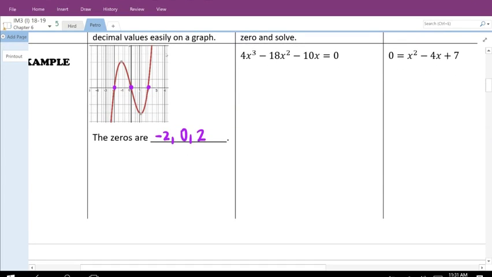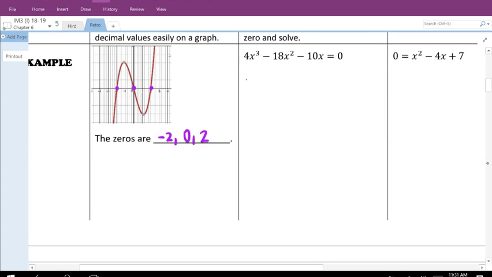So let's take a look at this very first one. What number goes into 4x cubed, 4x squared, and 10x? 2. So I know that my GCF is going to be 2 something. And then how many x's can I pull out? x cubed, x squared, or x? Just x. It's always the lowest exponent. So that's my GCF. And we have to figure out what's left over. If it helps you, you can write divide by 2x on each one.